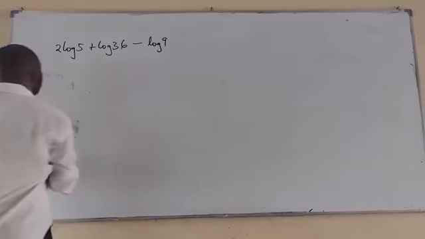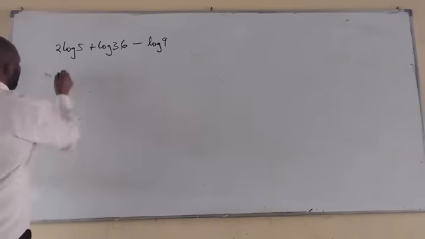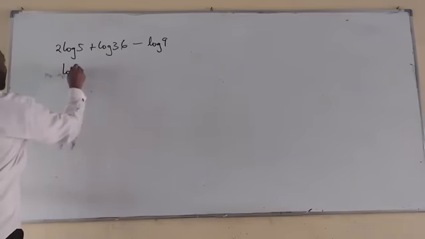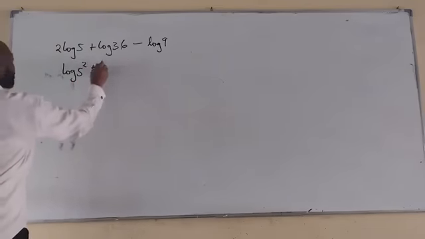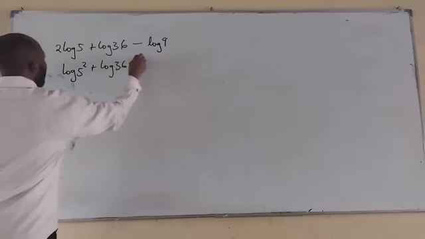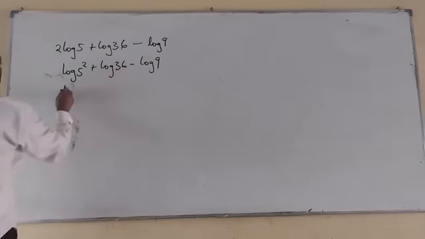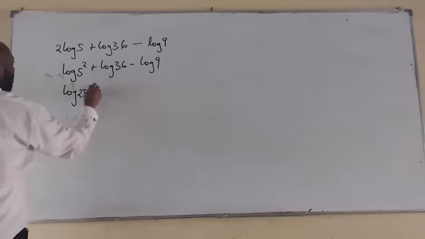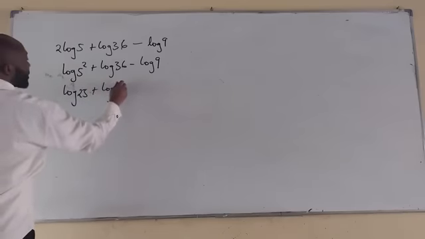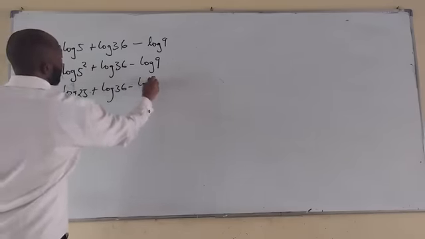So we want to evaluate this, we apply our laws as usual. So this is log 5 raised to the power 2 plus log 36 minus log 9. This is 25. So it's log 25 plus log 36 minus log 9.